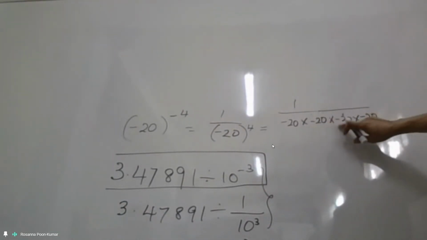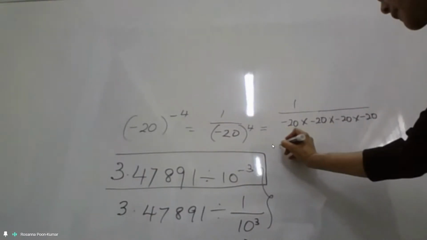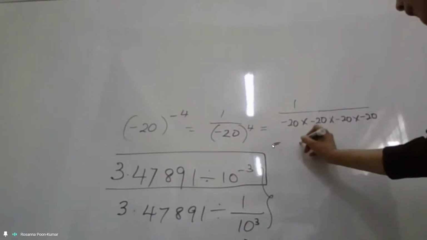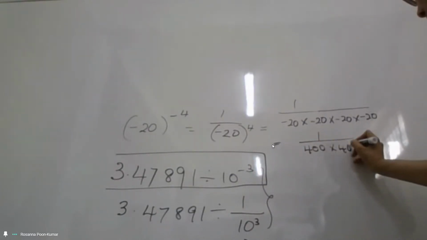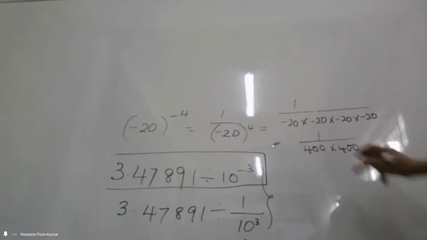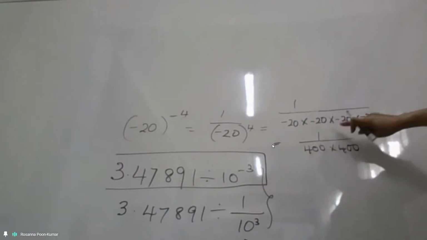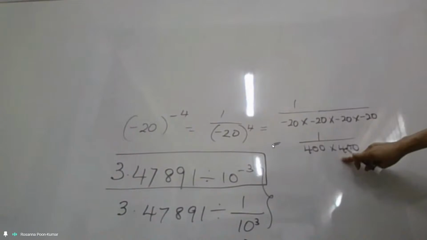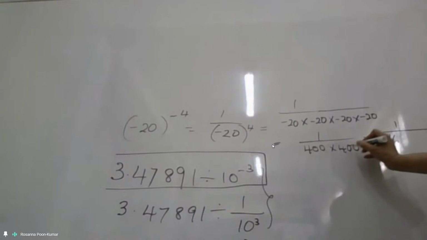A positive by a negative is a negative. So this answer will be 1 over 400 by 400. Negative 20 by negative 20 is positive 400. So the answer is 1 over 160,000. 1, 2, 3, 4.